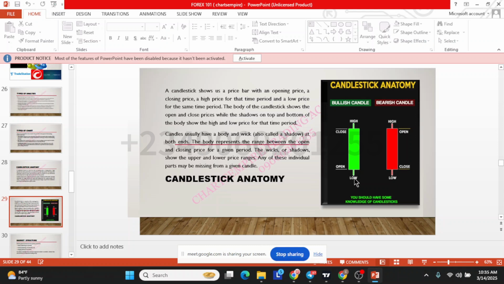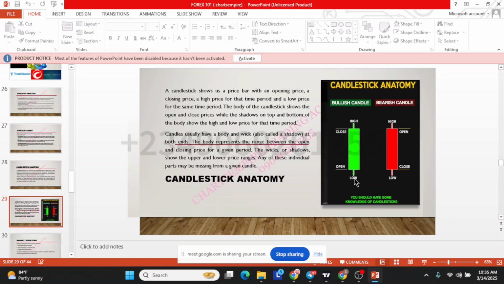The bullish closes at the top, whereas the bearish candlestick closes at the bottom. So this is the anatomy. When we say anatomy, it means the inside, what comprises a candlestick.